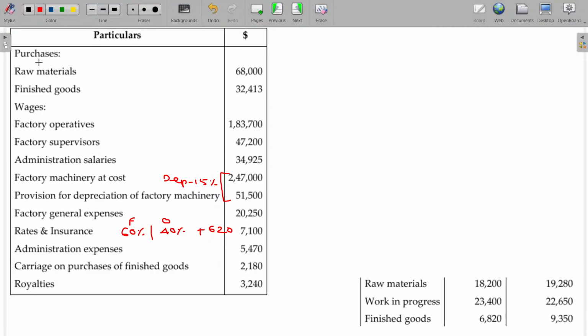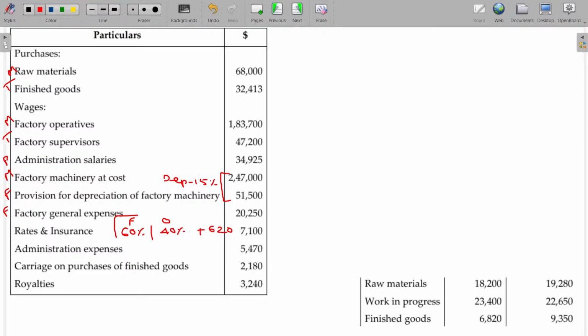Let's identify the items for factory manufacturing account. This will be manufacturing account. This will be trading section. This will be manufacturing, trading. This will be administration salary. Where will it come? This will come under profit and loss section, but I am not going to prepare that here. Factory manufacturing. Provision for depreciation. This will come under factory. Factory general expenses.